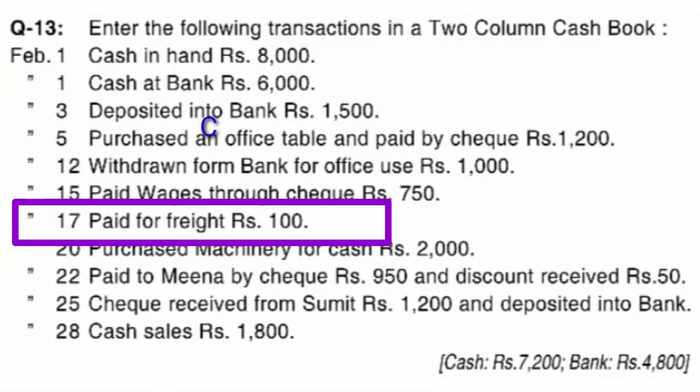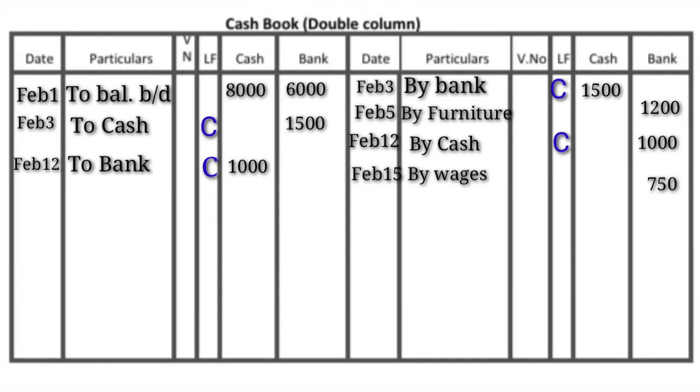Next, on 17th February, paid for freight rupees 100. Here it is not mentioned whether this freight charge is paid by cash or by bank. But if it is not mentioned by bank, we will assume that it is paid by cash.